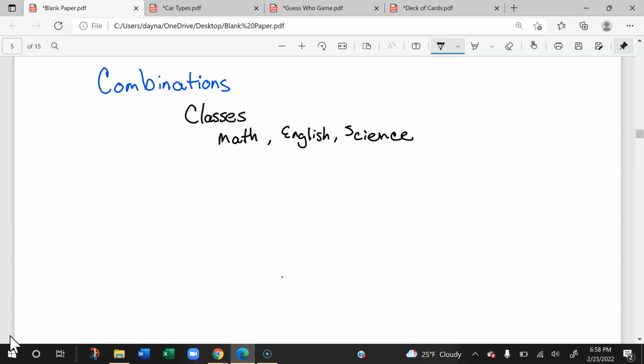It doesn't really matter what order you pick them in. You go to the registrar's office or you go to the schedule and you're just picking classes. Now, it may matter what time of day or something, but it doesn't really matter if you pick your English class first or your science class first when you're selecting them. You're just picking a combination of classes. That's what we mean by order is not going to matter.